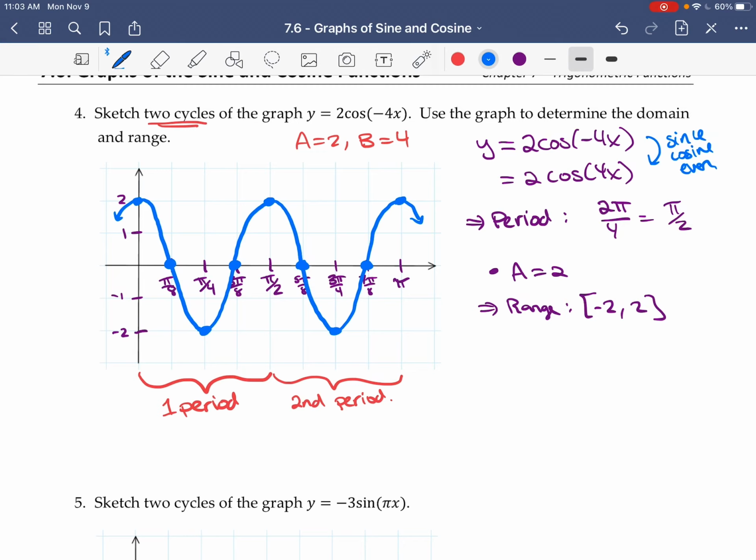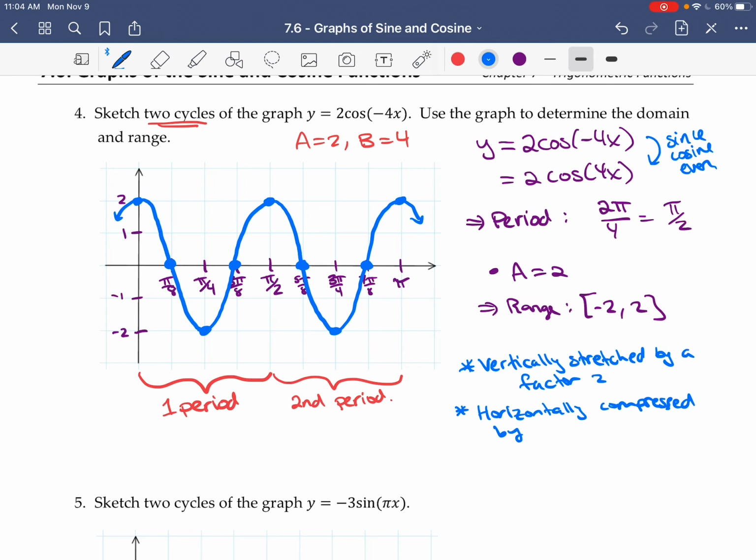And that would be our stretched graph of cosine. So maybe I should just write here. So this one has been vertically stretched by a factor of 2, and horizontally compressed by 4.